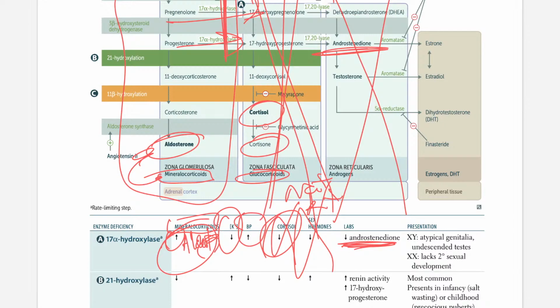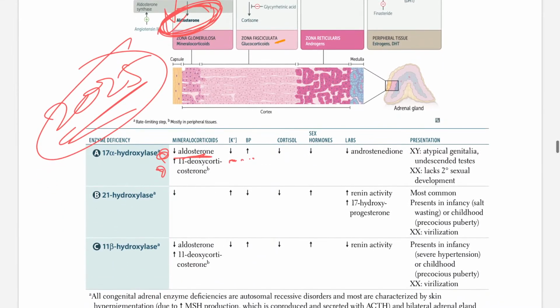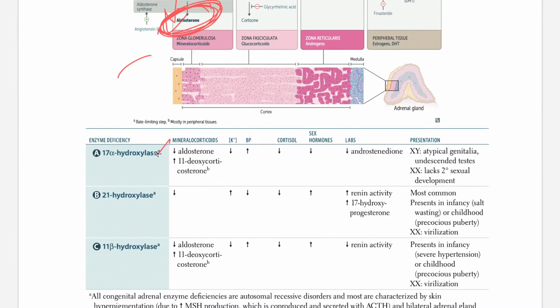Here we have the new version. Okay, so forget this part. Just remember that you have increase in mineralocorticoid, which is increase in aldo. Again, simple thing. Aldo's normal function is sodium reabsorption in the kidney.